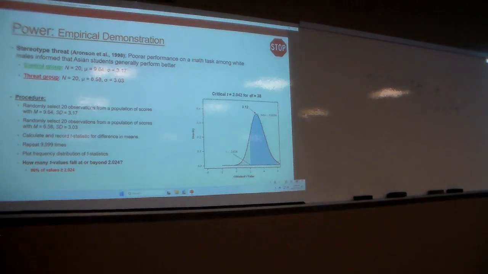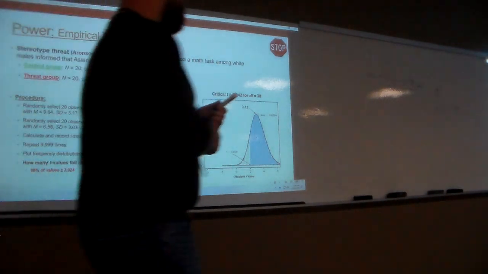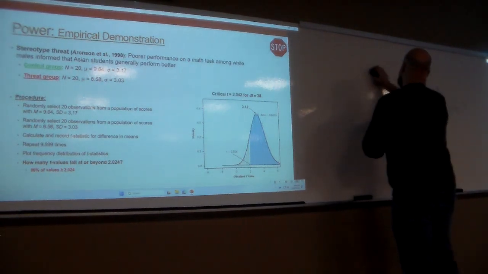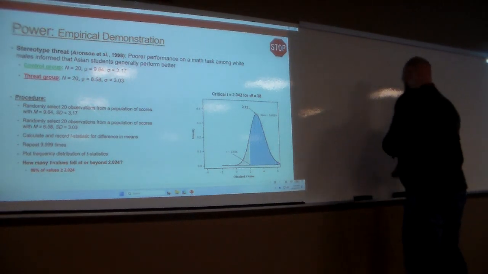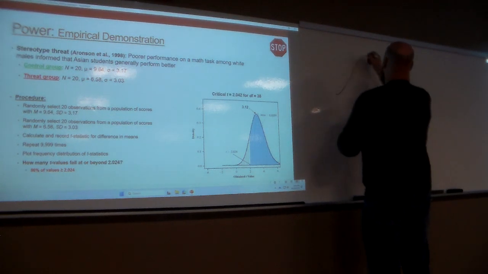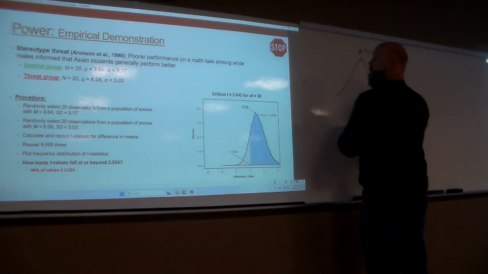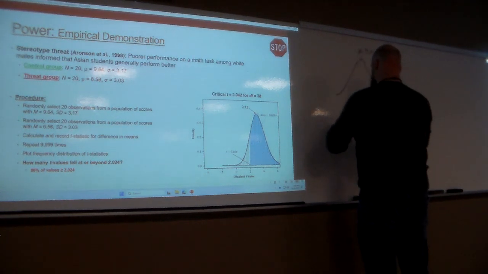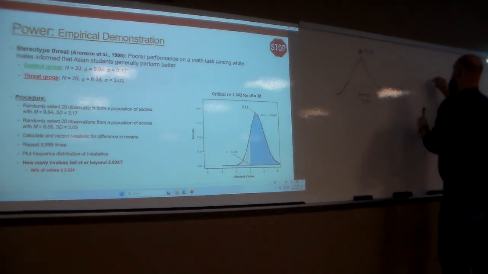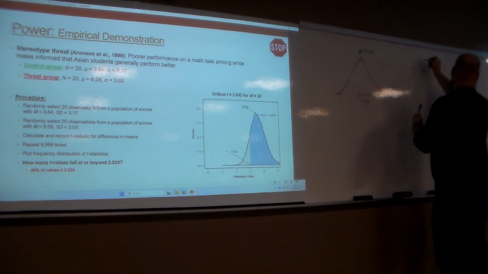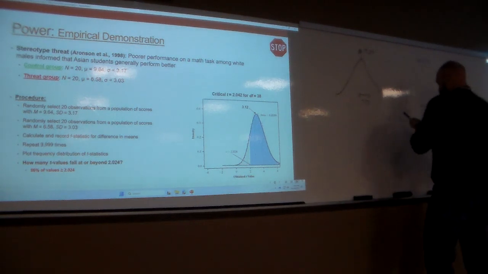Just to make this more clear, I'm saying I have a population with mean equal to 9.64, standard deviation 3.17, and I've got my other population where my mean is equal to 6.58, standard deviation here is 3.03, right?